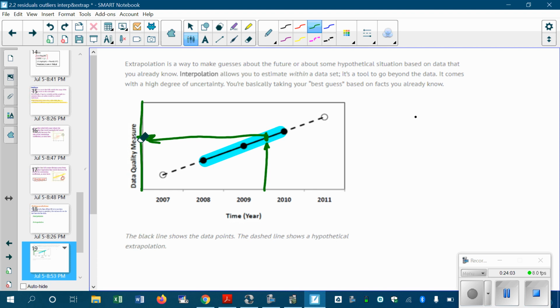That's what's called interpolation, because I had some data that was here, and I was picking a point within the span of the data. However, if I'm using my line of best fit, which in this case goes from 2008 to 2010, if I'm using that span of data and I'm trying to predict something in the future or something in the past outside of that data set, that's extrapolation.